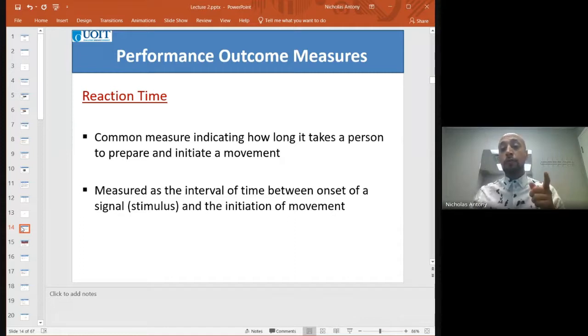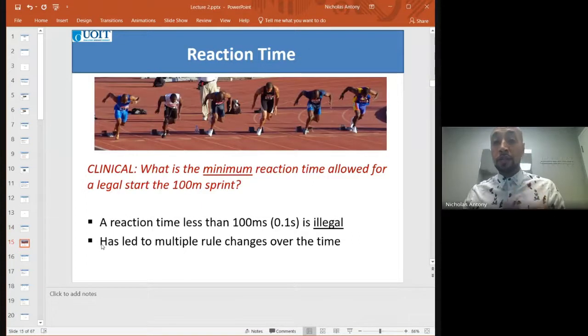In motor control research, reaction time was the first and probably most common measurement. It allowed researchers to have someone do a task, check the reaction time, then change a variable. If the reaction time increases, it made it harder. If it gets smaller, whatever you changed made it simpler.